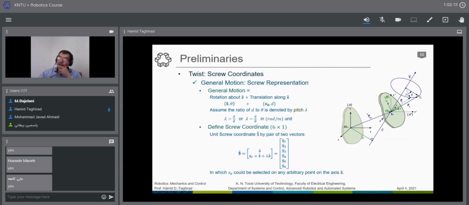You remember the Schall theorem, that the general motion of a system can be represented by a rotation theta about S hat plus a translation S0 or D, this vector along the S hat, where S0 is a point embedded on the S hat.